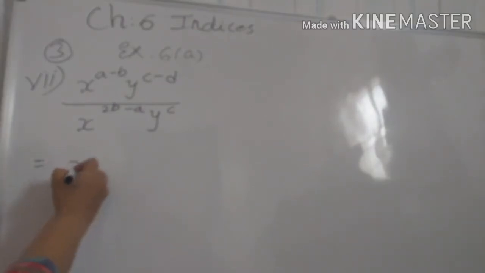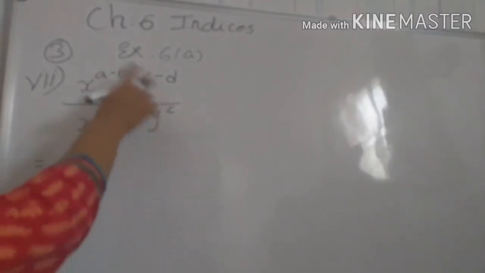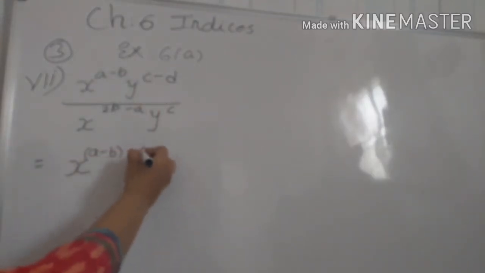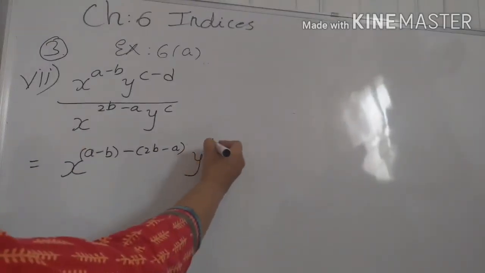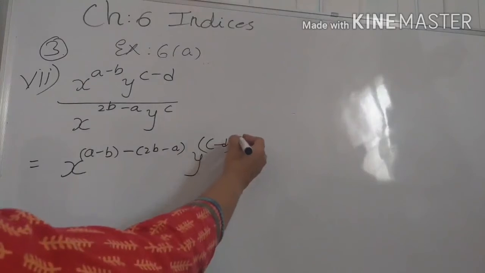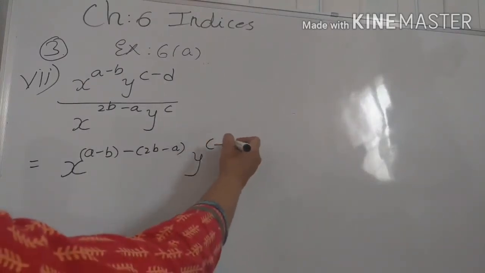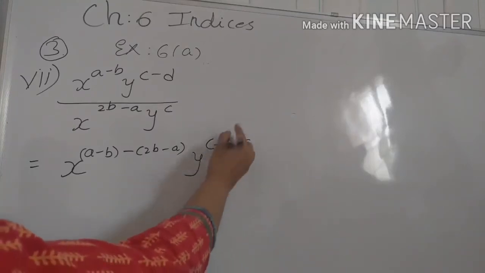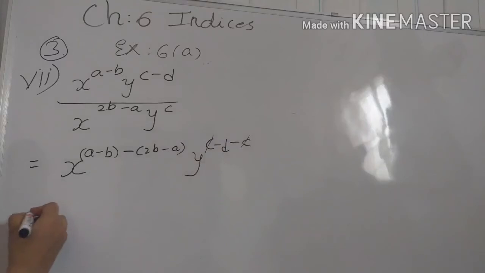First of all x, then a minus b, and this 2b minus a will be subtracted from it, so I write them in a bracket. And y c minus d and minus c, so I can write directly here minus c. This is d. Okay, so this plus c minus c gets cancelled.